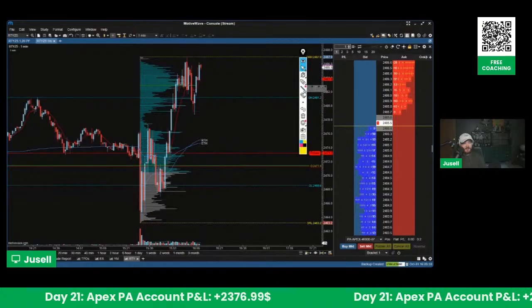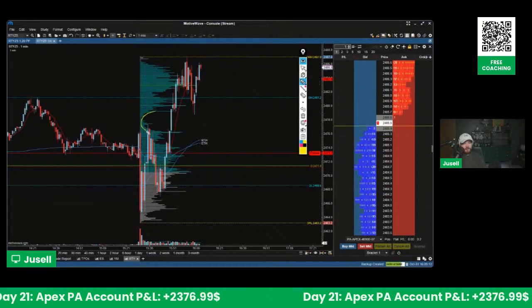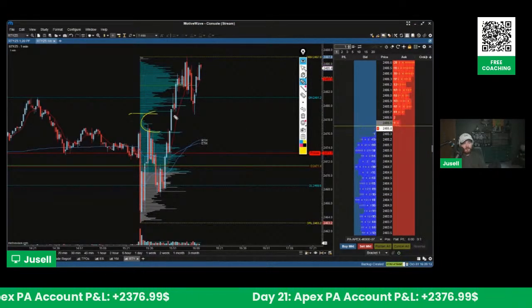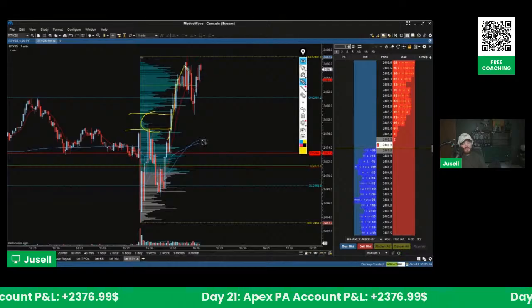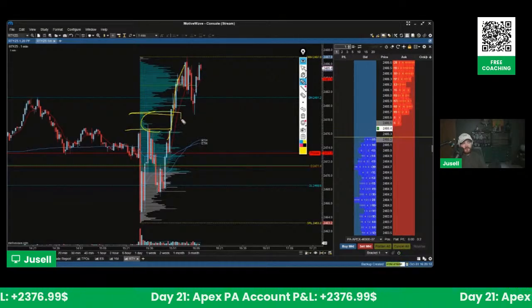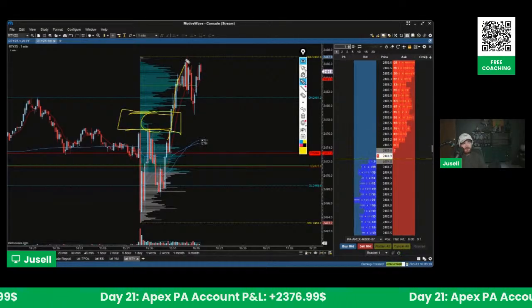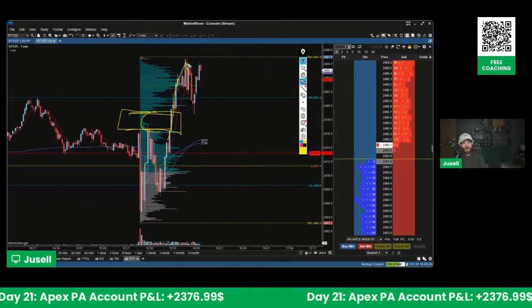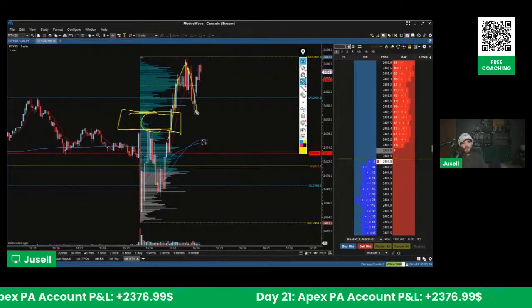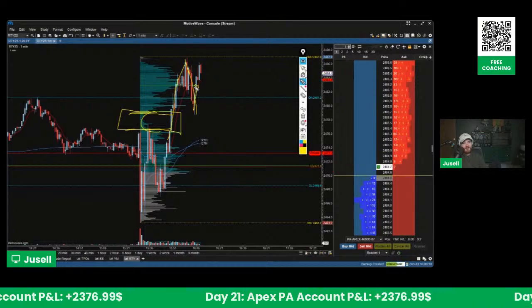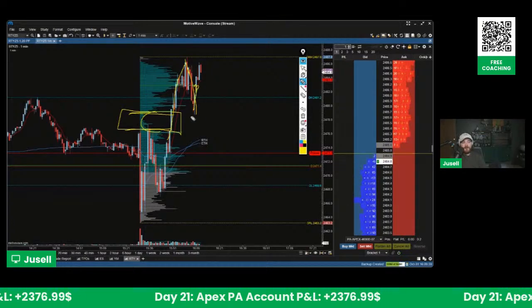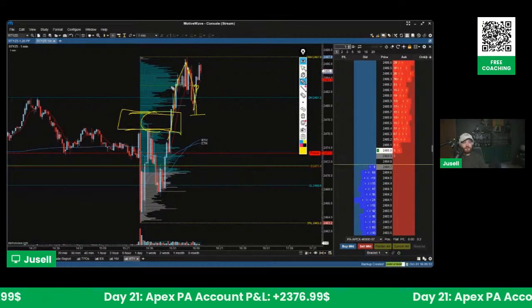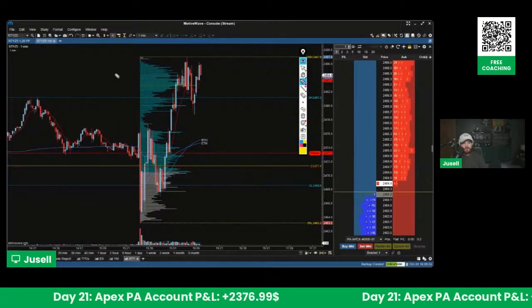You can see it's like a low volume node here, right? So very low volume. And we moved past this, and the market likes to reject this specific area. So when we're in an uptrend like this in a very bullish market, when you get a pullback into that level and it bounces, it's a very clean, high probability setup usually.